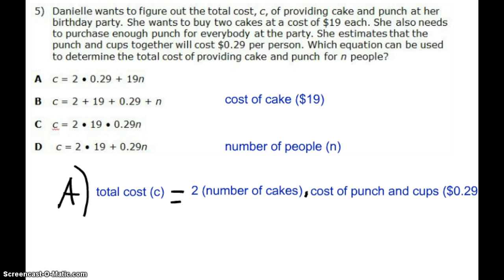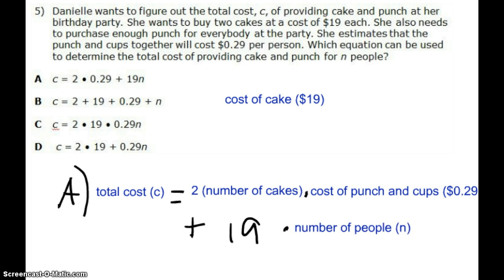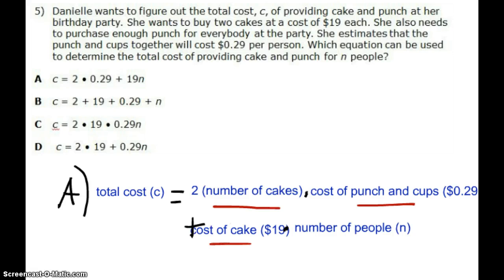Already I can tell that this one's wrong, because even if I did plus 19 times N number of people, I don't know why I just wrote 19 in, because that's the cost of the cake times the number of people. I'm multiplying the wrong things here. I'm multiplying the number of cakes times the cost of the punch, and the cost of the cake times the number of people. No, that's incorrect. So A is not our right answer.